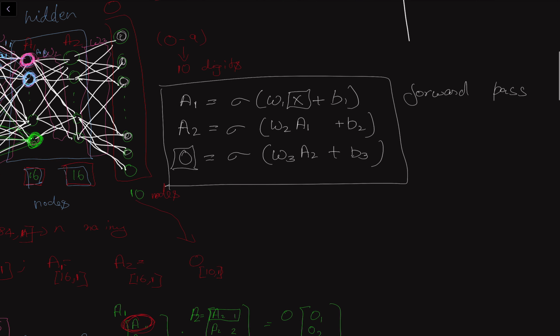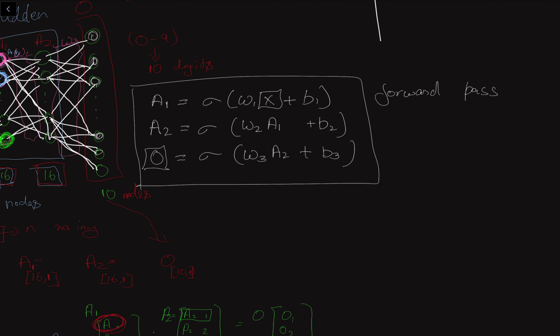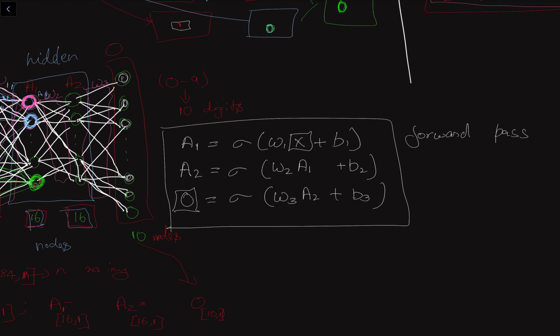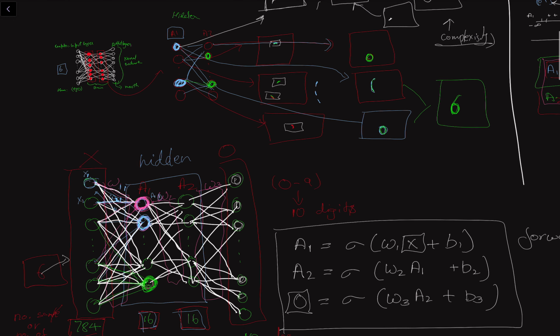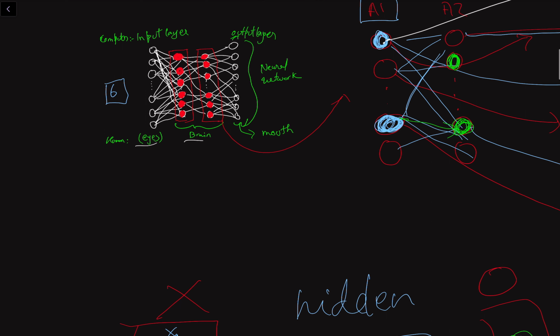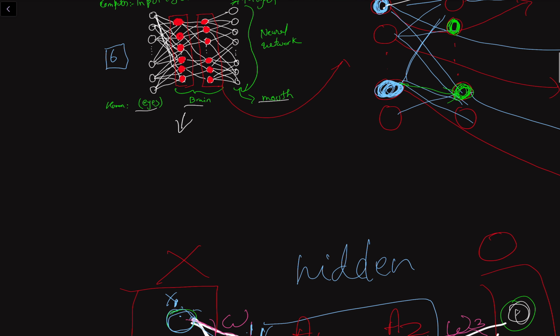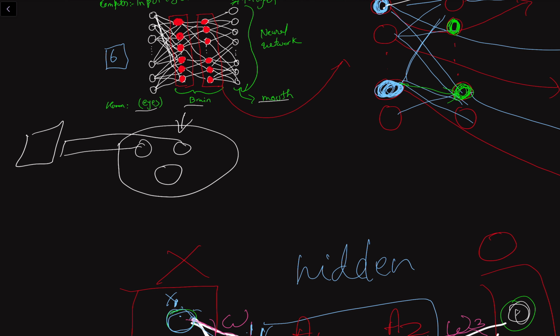So congratulations, you've made a person. Since I related it to eyes, brain, and mouth, you have made eyes and mouth. When these eyes see a picture of a 6, the mouth says something.